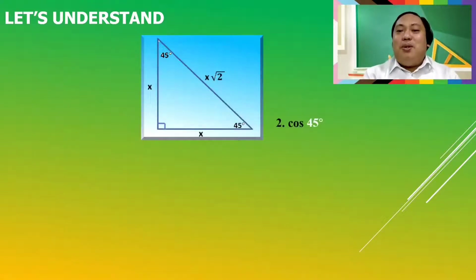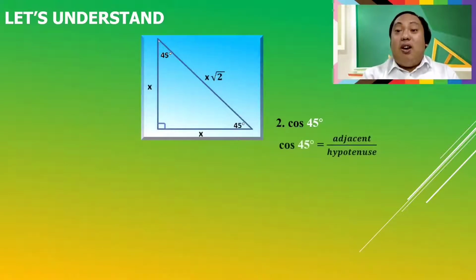Next, we have number 2, cosine 45 degrees. Cosine 45 degrees is adjacent side over hypotenuse. So from the figure, we have x over x square root of 2. We simplify, we have 1 over square root of 2.